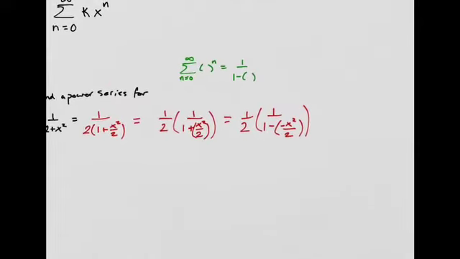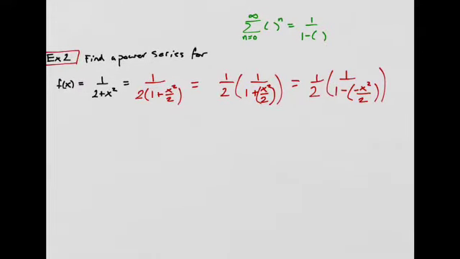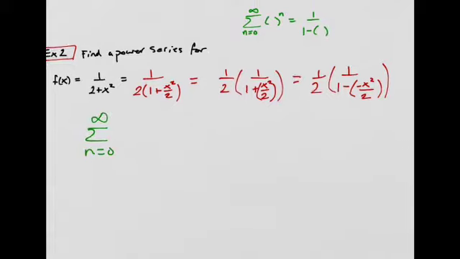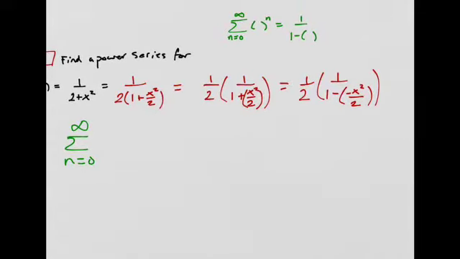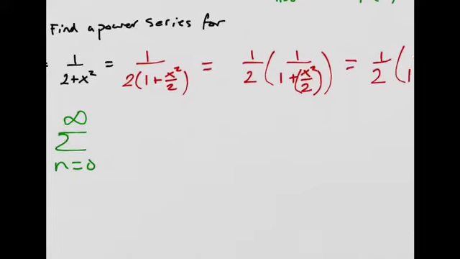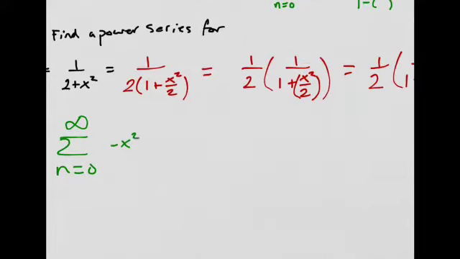Great. So now I can write my series. So I'll do that, and I'll do it in green. So I have the series from n equals 0 to infinity of, well, what's my something on the inside there? That's just negative x squared over 2. So I can say negative x squared over 2, not squared, sorry, to the n, right?